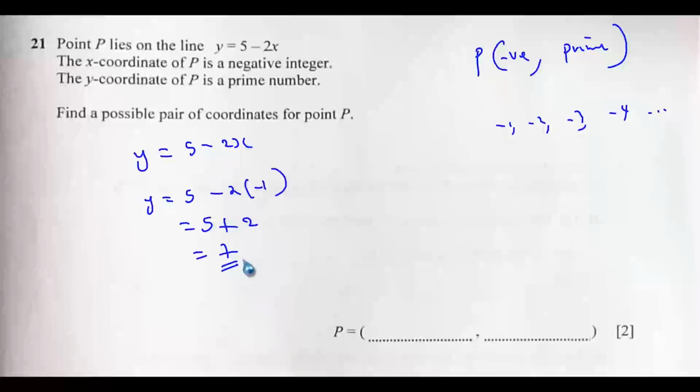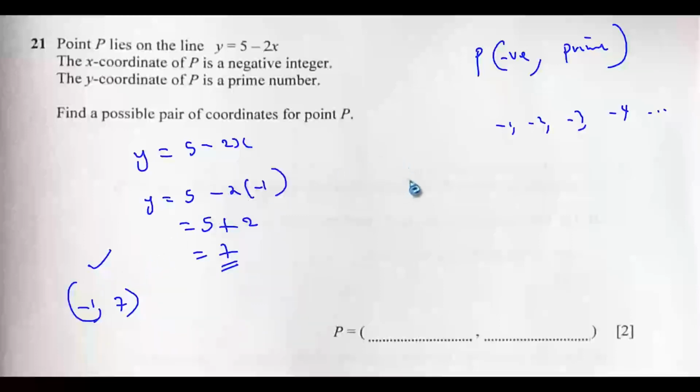So it implies that when x equals -1, then y equals +7. So this meets the conditions here. The x coordinate is -1, which is negative, and the y coordinate is +7, and 7 is a prime number. So this is one possible pair of coordinates of x and y.